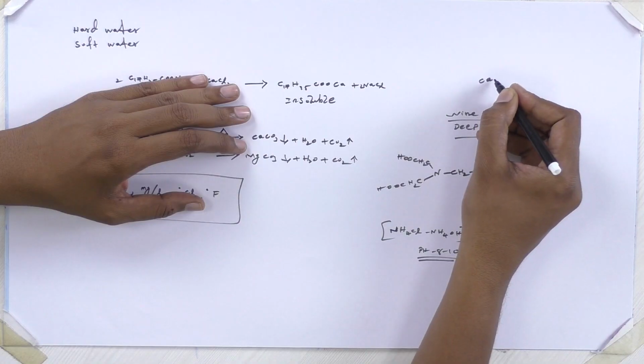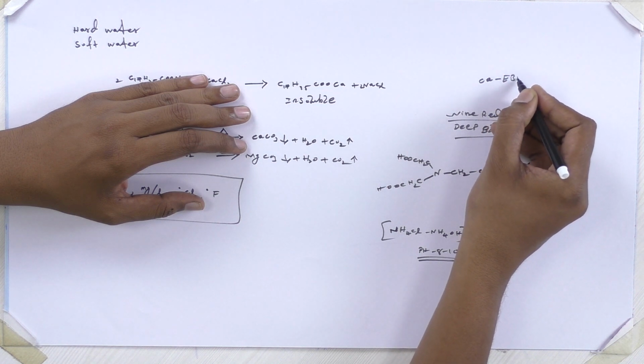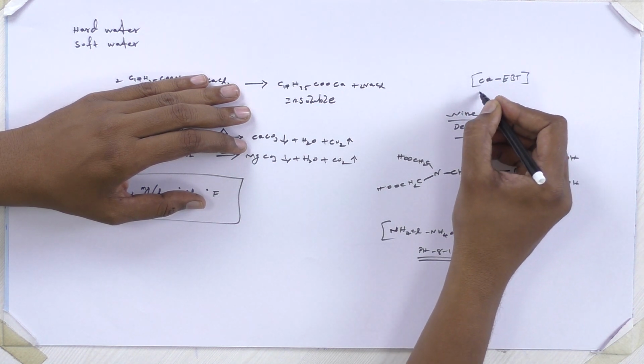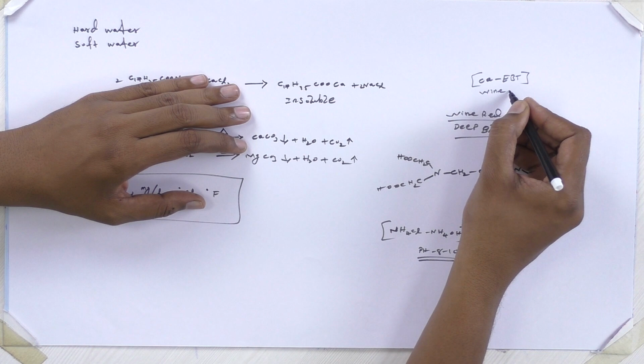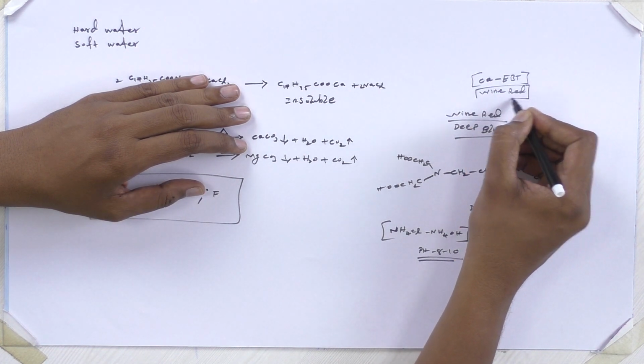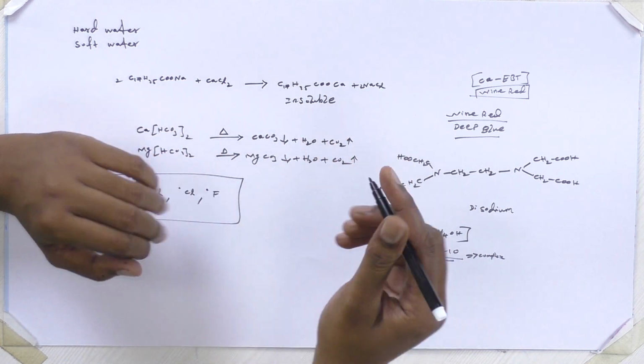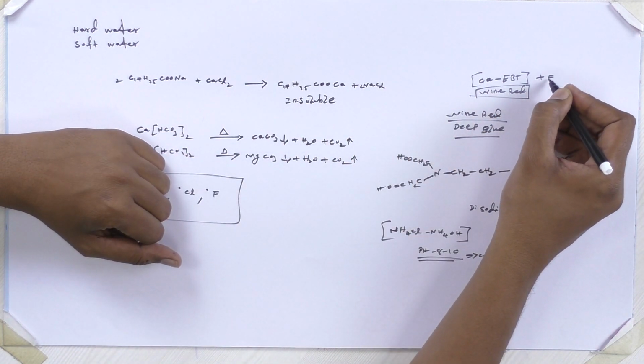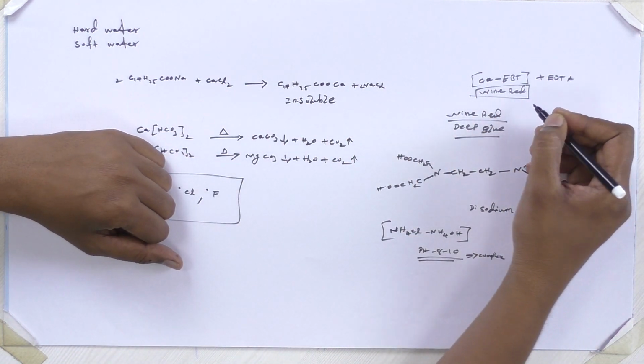Actually, after adding EBT indicator, the EBT reacts with calcium. It forms a calcium-EBT complex. It is wine red color. So your water shows wine red color. After titrating against EDTA, the EBT is replaced by EDTA.